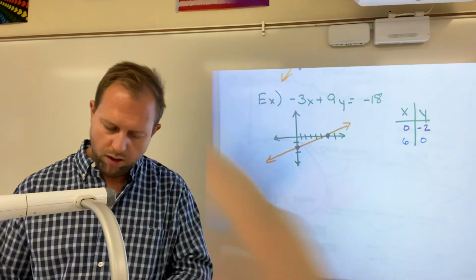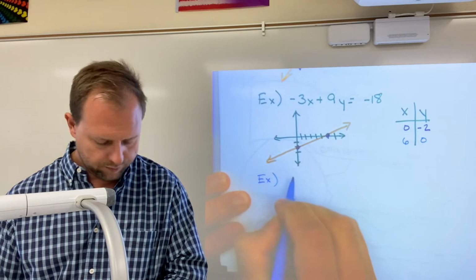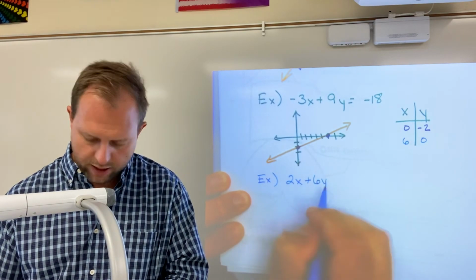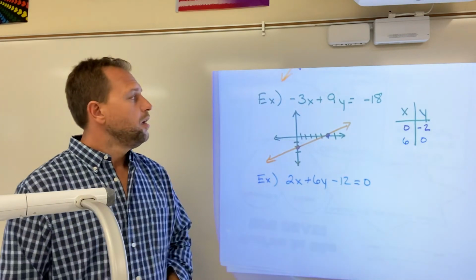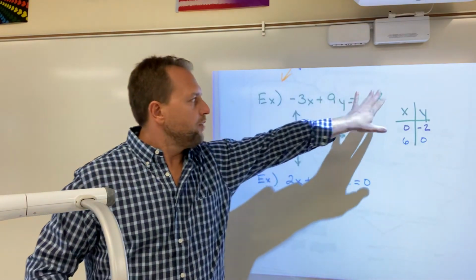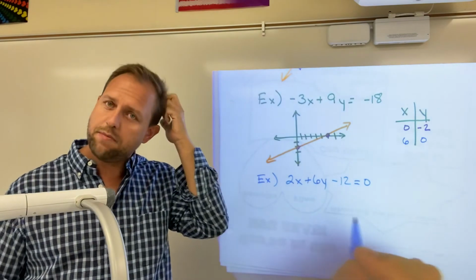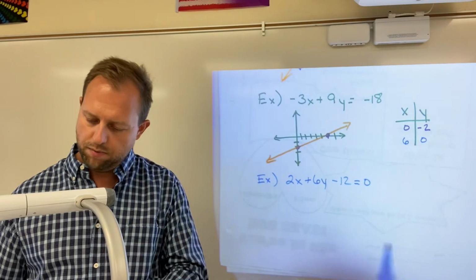Last example. 2x plus 6y minus 12 equals 0. Sometimes it's not written with just the x and the y term on the left and our constant on the right, and so we need to fix it before we do the intercept plotting.